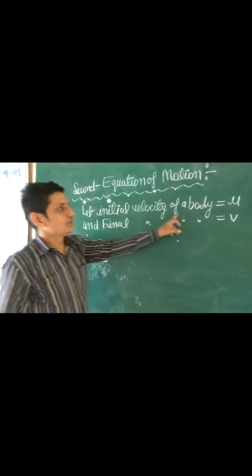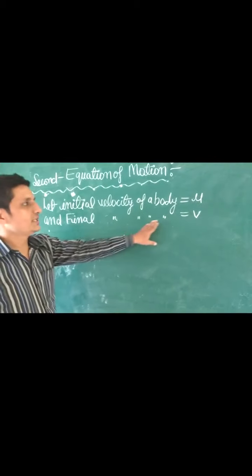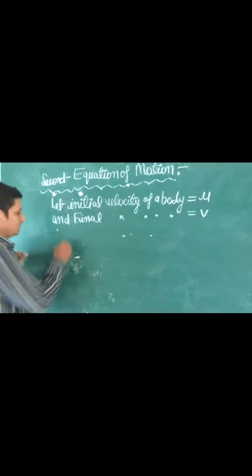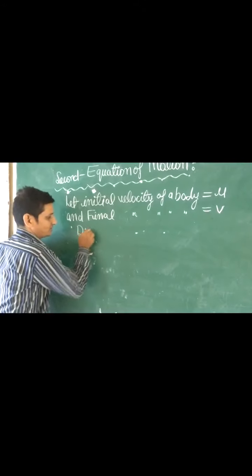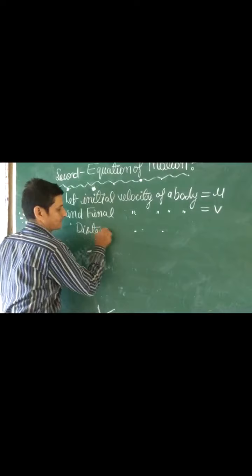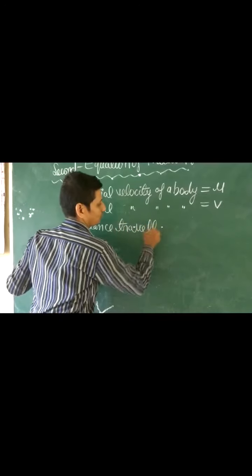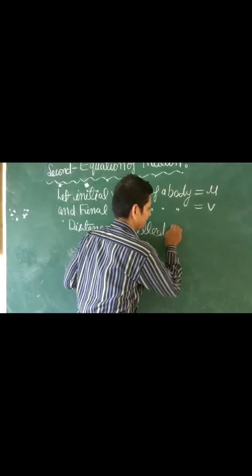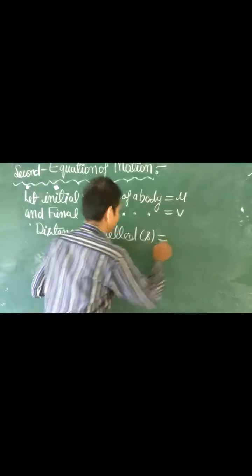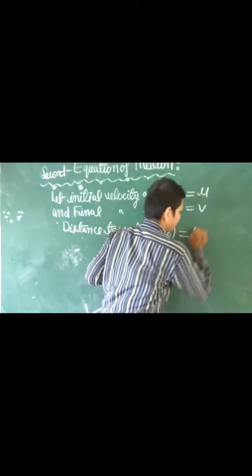Let the initial velocity of a body be equal to u and the final velocity of the body be equal to v. Then distance traveled s is equal to average velocity into time.